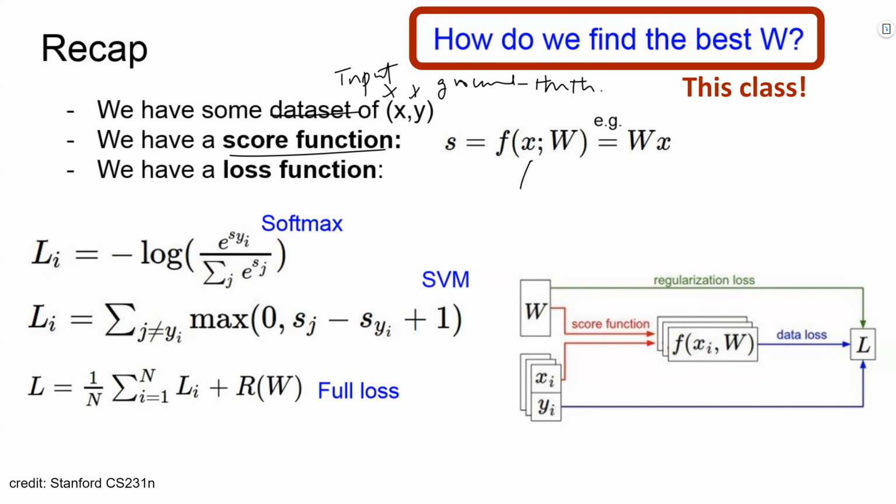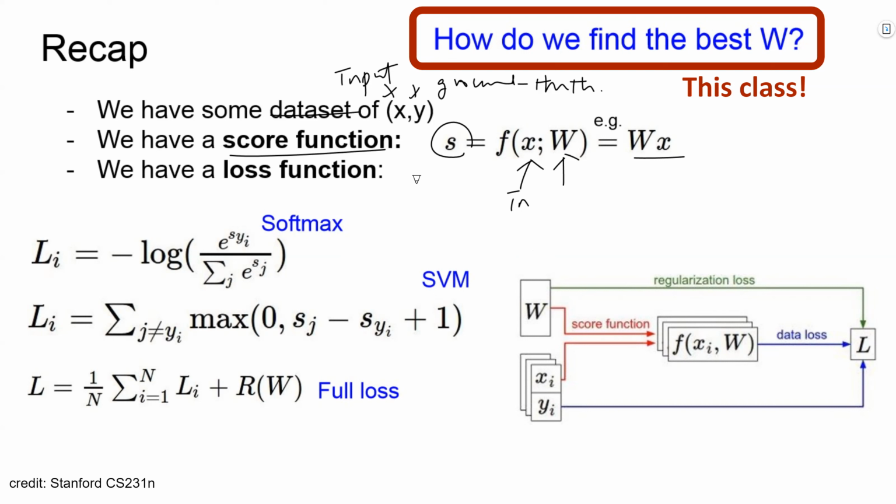Score function receives the input, and then it is parameterized by W. For example, the output is calculated by the matrix multiplication between W and X.